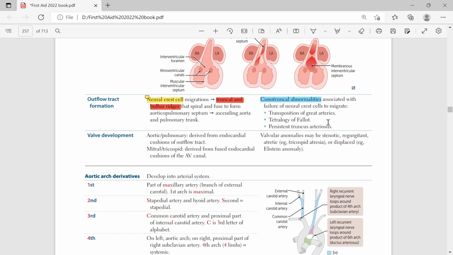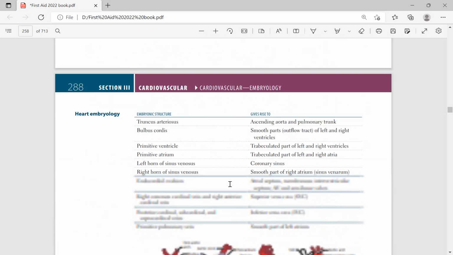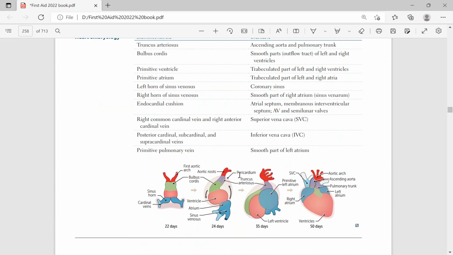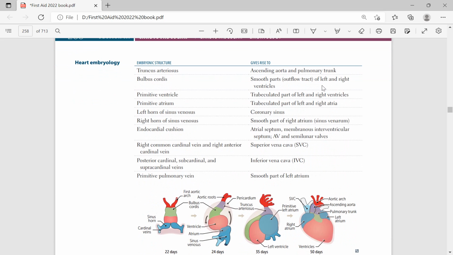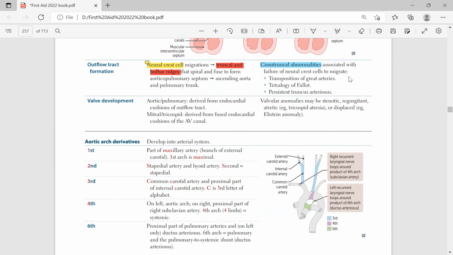Transposition of great arteries. We know the great arteries are the ascending aorta and pulmonary trunk. Tetralogy of Fallot and persistent truncus arteriosus. What is truncus arteriosus? It is the blood vessel coming out of the heart, which gives rise to the pulmonary trunk and ascending aorta.